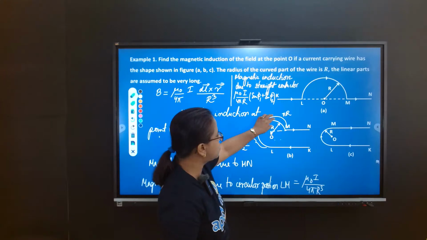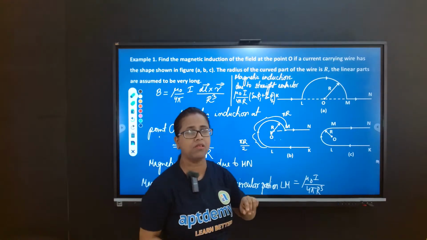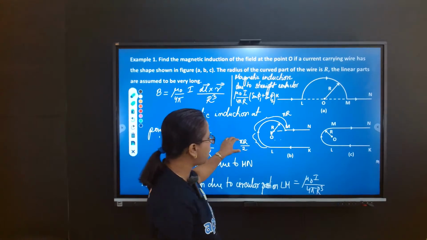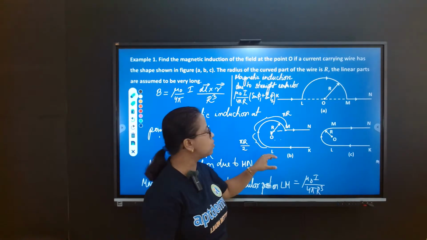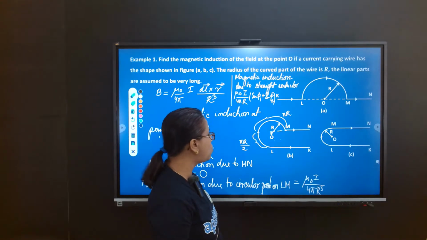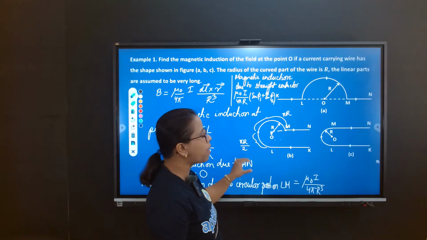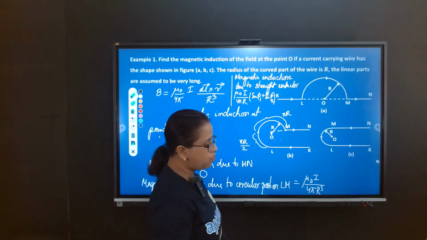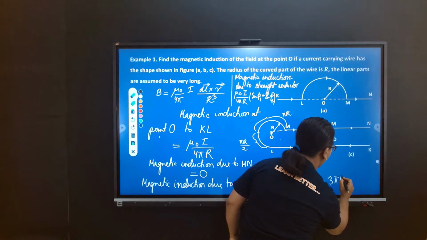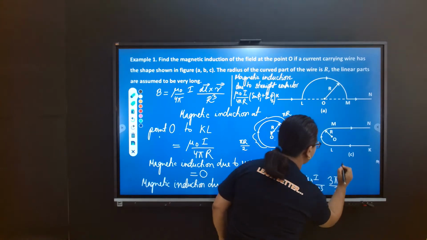So this gives us the net line element, that is the value of dl, as pi r plus pi r by 2, which is 3 pi r by 2.